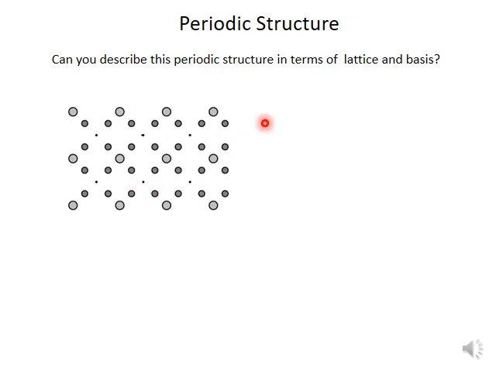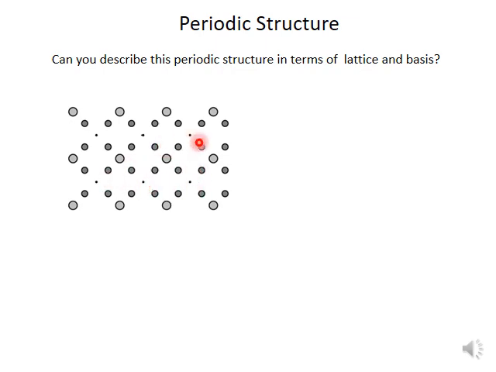For example, what if I look around this lattice point, I see these 4 small circles, the dark gray circles. Is it the same with all these lattice points? So if I look here, I have exactly the same scenario.